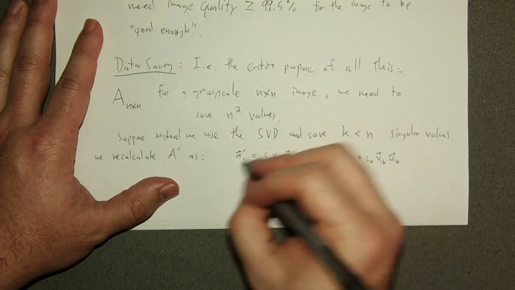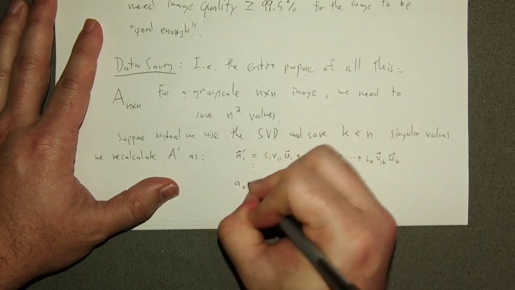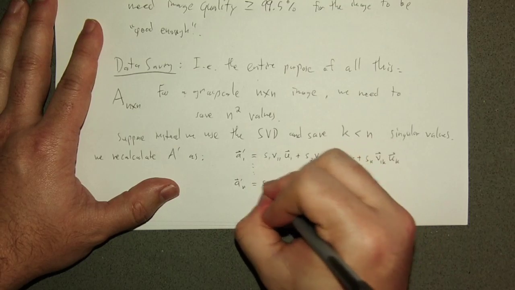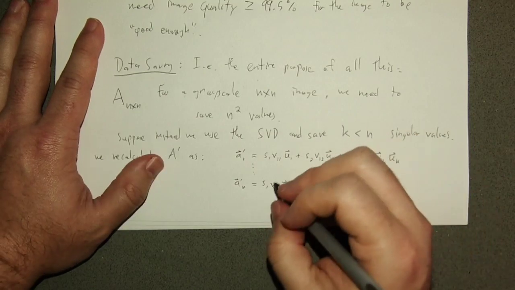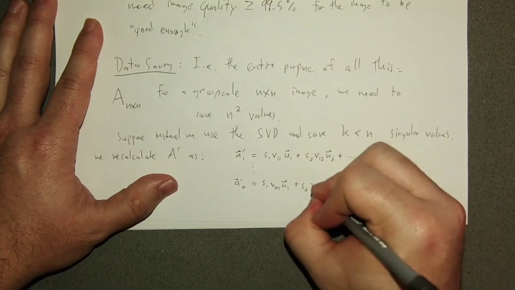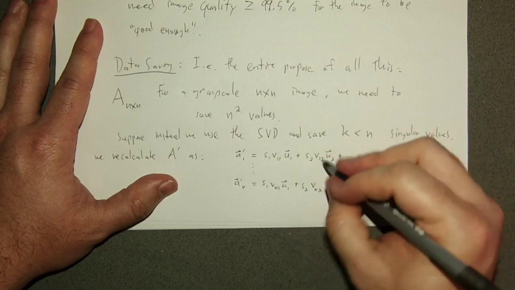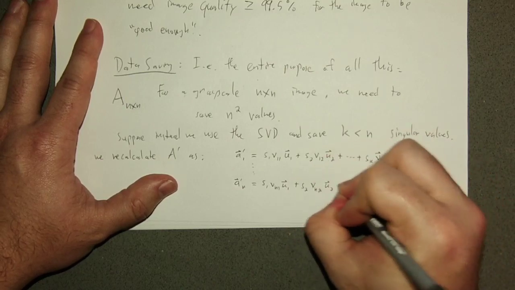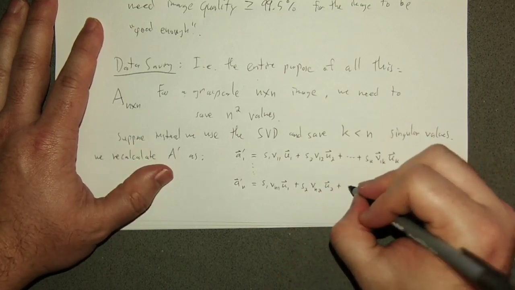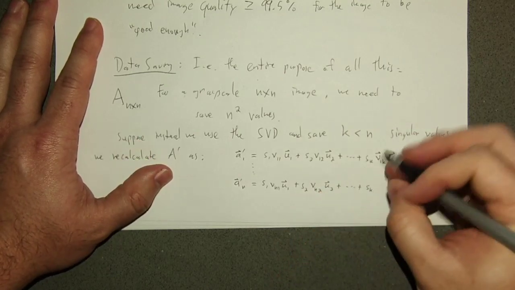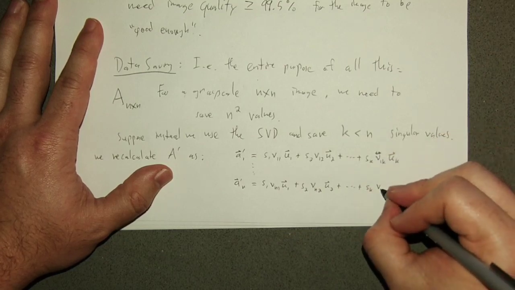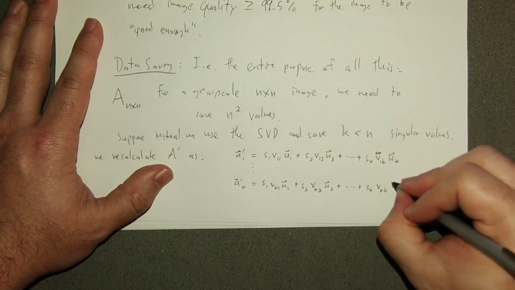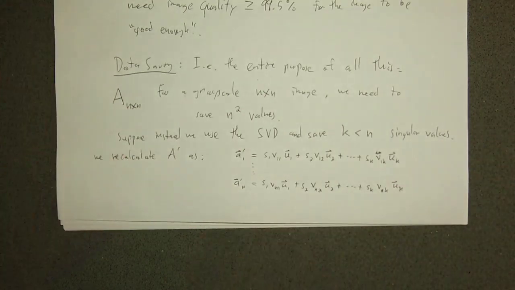And then I do this repeatedly up to A sub n: S sub 1 V sub n1 U sub 1 plus S sub 2 V sub n2, and so on all the way out to S sub k V sub nk U sub k. These are entries in that matrix V that I never write out. There shouldn't be a bar here because these are entries of V, not columns. All right, so we recalculate A prime in this way.